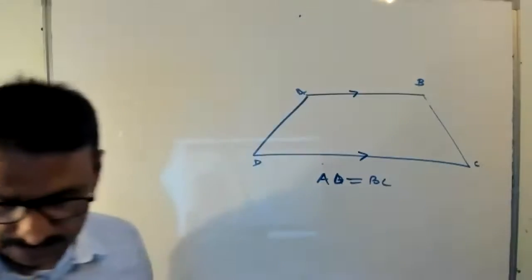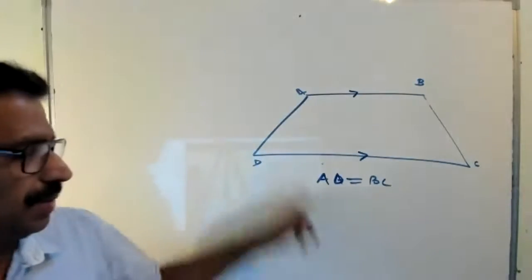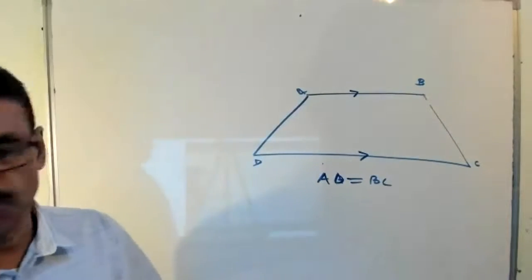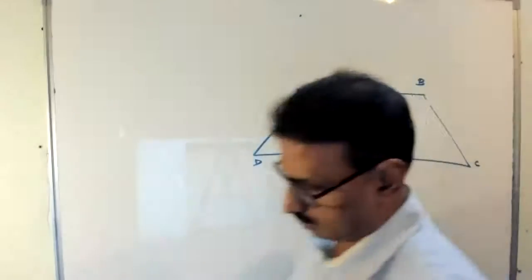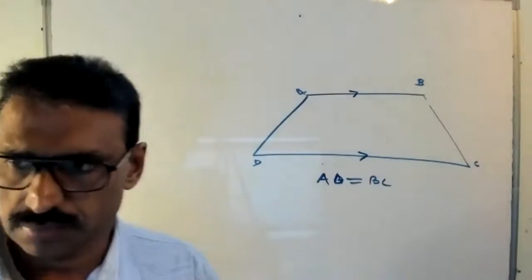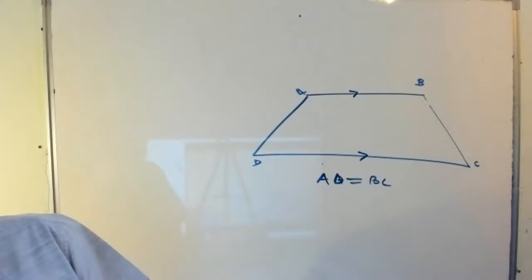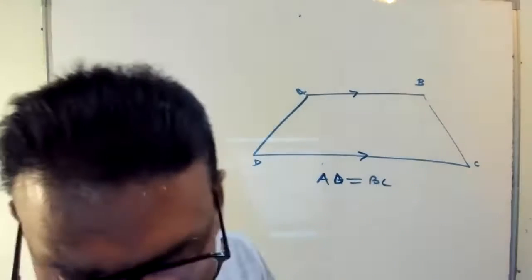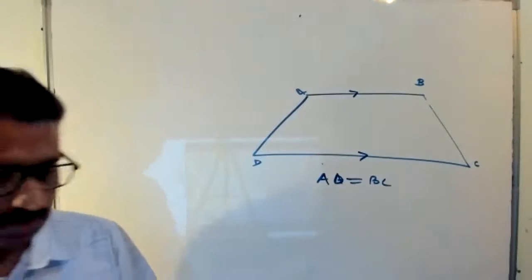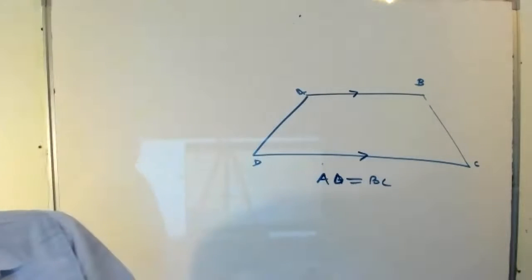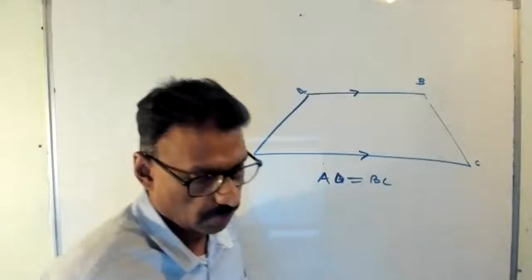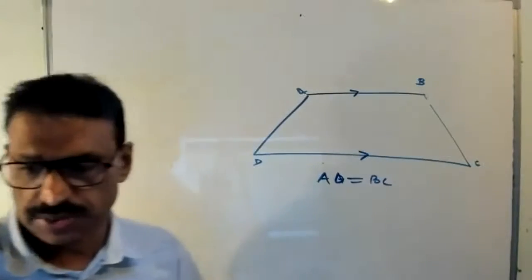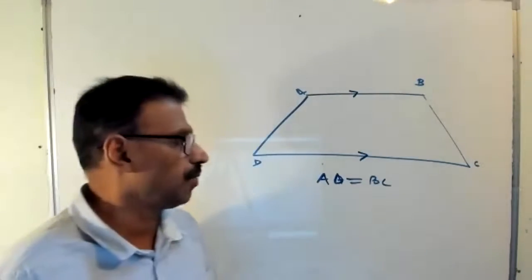That is, you write: ABCD is a trapezium in which AD equals BC. Okay, that is called an isosceles trapezium. Isosceles trapezium means non-parallel sides are equal.